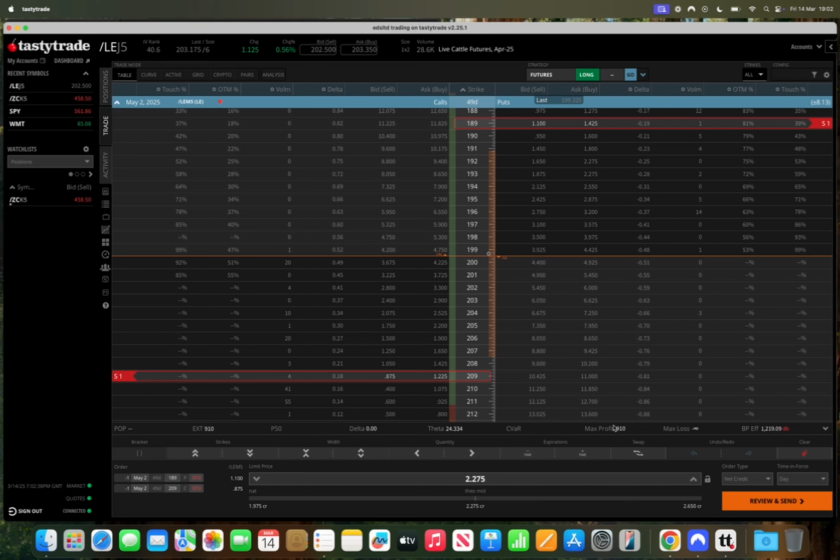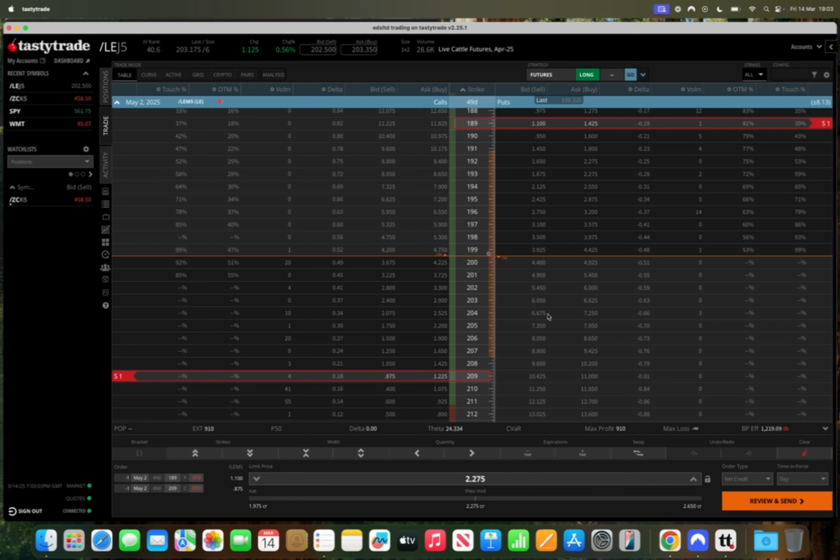So we are going to collect 900 and we are going to use 1.2k, which gives us a very high return on capital. It's close to a 100% return on capital, and this is in 49 days. This is not in the year, this is in 49 days. This is the power of combining writing options contracts and using futures.